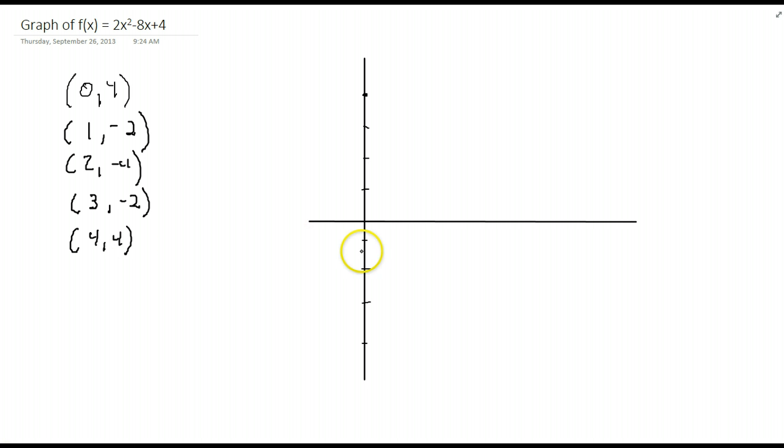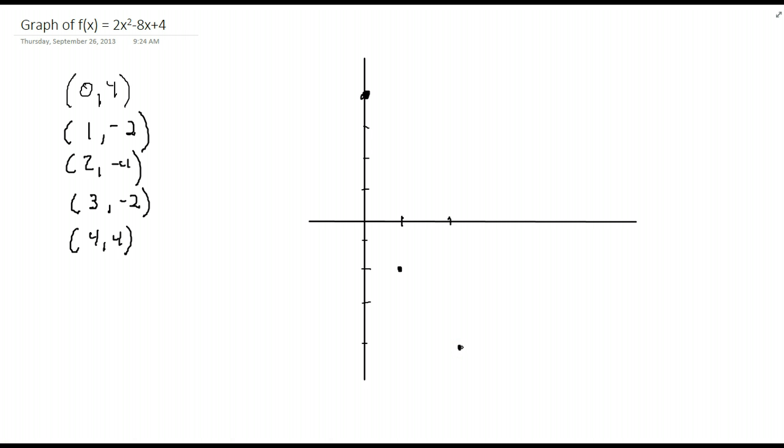So 0, 4, 0 over from the origin, 4 up, plot a point. 1, negative 2, so 1 to the right, down negative 2, plot a point. And the next one we have is 2, negative 4, so over 2, down negative 4.